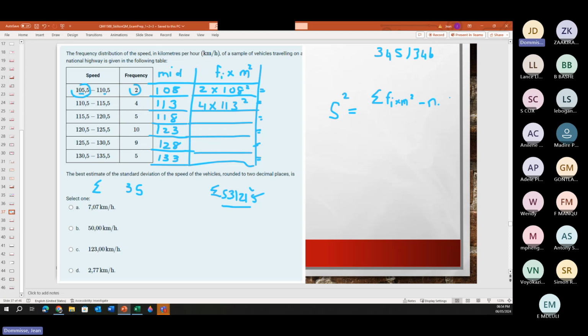And do we actually have a mean? That is another question. Divided by n minus 1. So let's quickly check, what do we have?